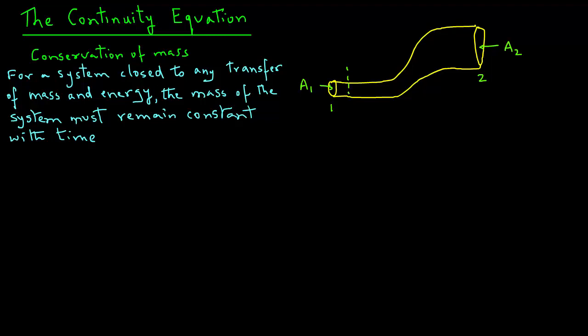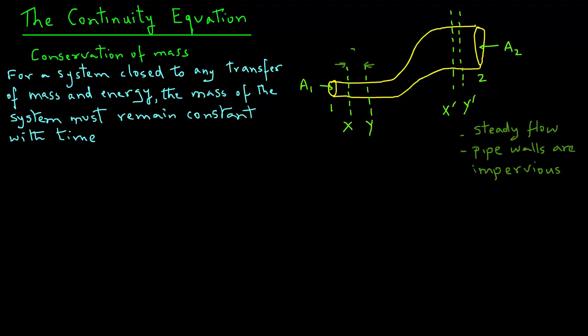Now the fluid in the space x x dash, after a small time interval delta t, moves to a new space y y dash. The distance between x and y is delta x1. Because the cross-sectional area on the right-hand side is much larger, the distance between locations x dash and y dash is delta x2, which is smaller. The delta x2 is smaller than delta x1.